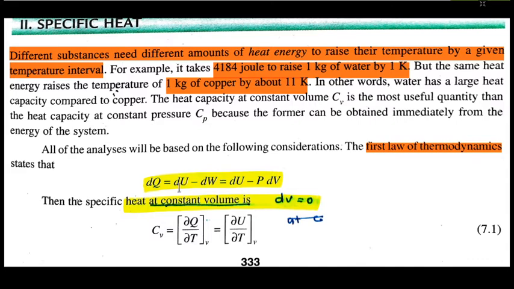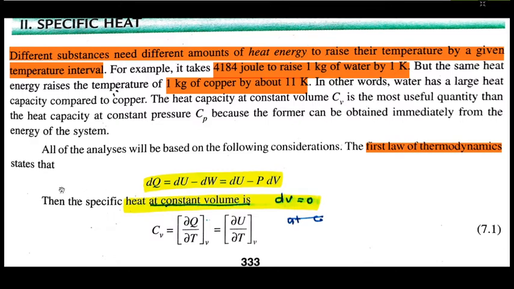So the change of total energy minus work done, that is the change in the heat. So du is the change in the total energy, minus dw, which can be written as pdv, where dv is the change in the volume.